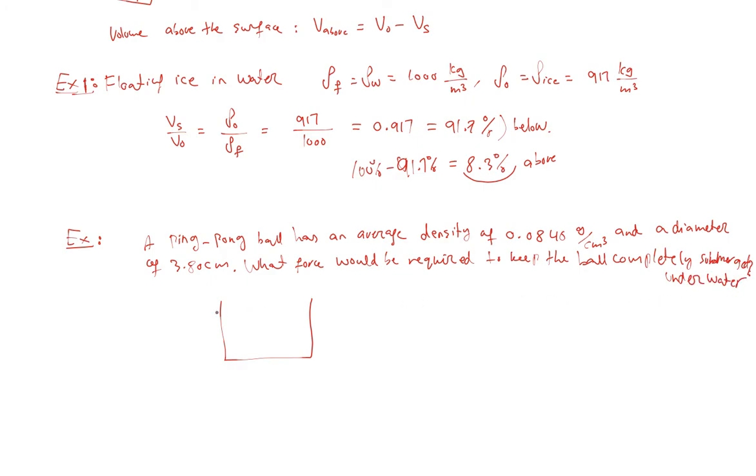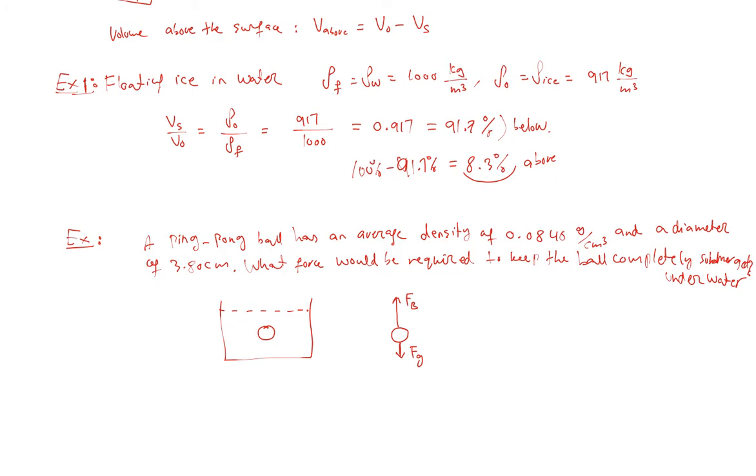Okay, so imagine this is the ping pong ball, and it's completely submerged inside this fluid, and if I leave it, because it's a very low density, it has a buoyant force always inside the fluid, and a gravitational force. Now because this has very low density, the gravitational force will not be large enough, and this will pop up to the surface.